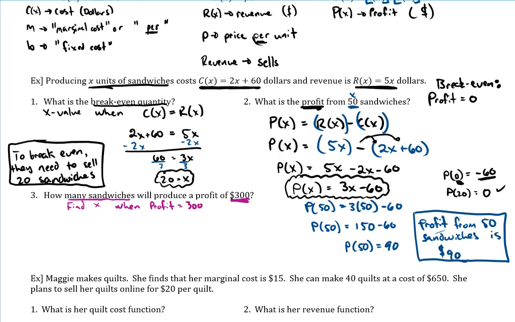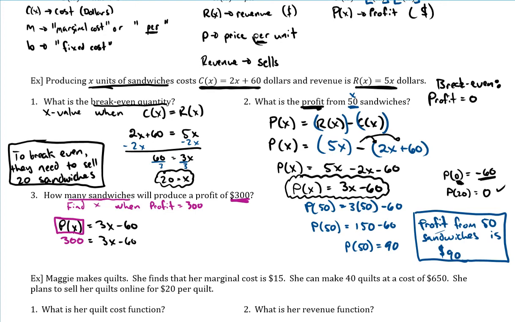And so let's just write it down one more time, the one that I just clouded. So there's our profit function. They're saying change the profit right here into $300. And then from there, you'll be able to find your X.